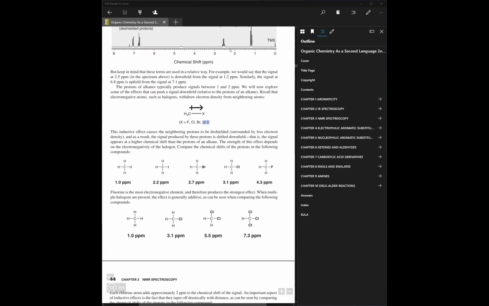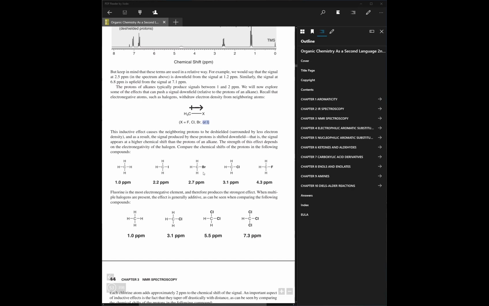They went from about 2.2 up to about 2.7, because they are now next to an atom that, through induction, is withdrawing electron density more, making these more positive and more accessible for magnetic resonance, so a higher concentration. You can see this trend: Cl goes up even more, and then fluorine, the most electronegative atom, is a huge jump.